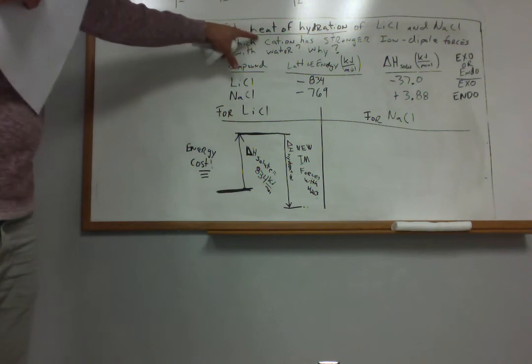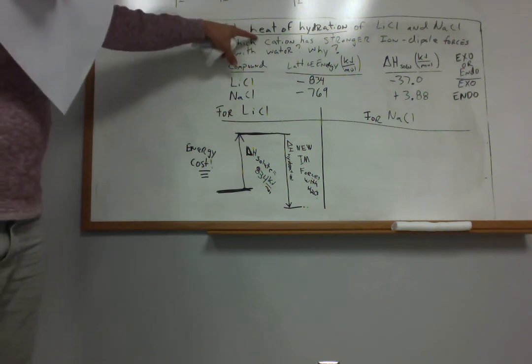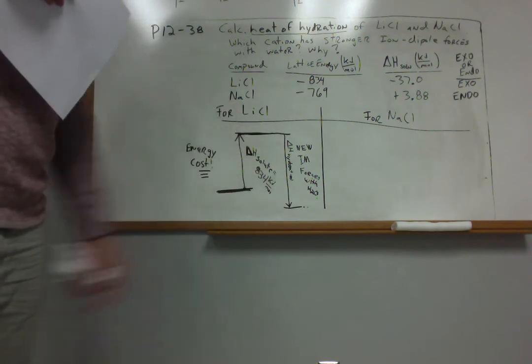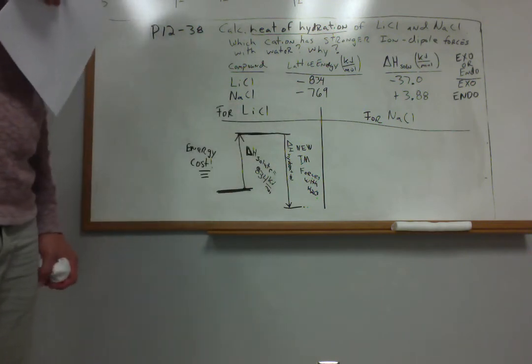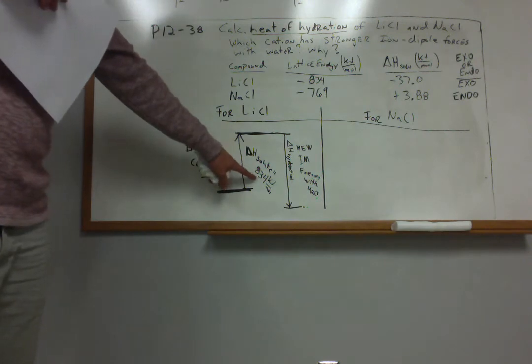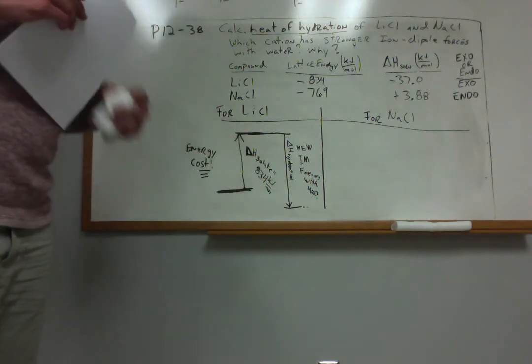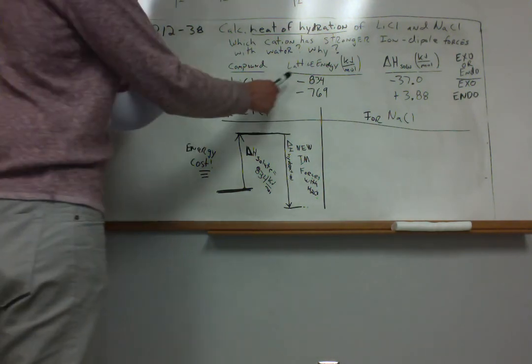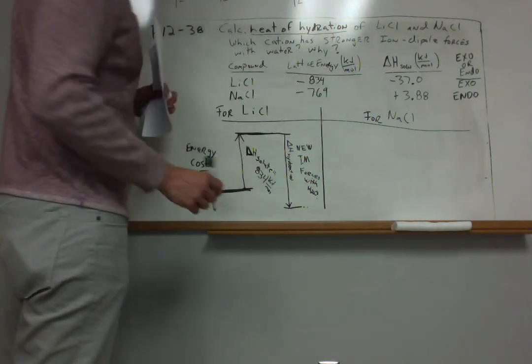So when the problem asks us to compute the heat of hydration, it's asking us for the computation of that. Now you might be tempted to say, oh, it's 834. It's not, because the lengths of these arrows are not equal. And how did I know that? Well, my delta H solution was not equal.